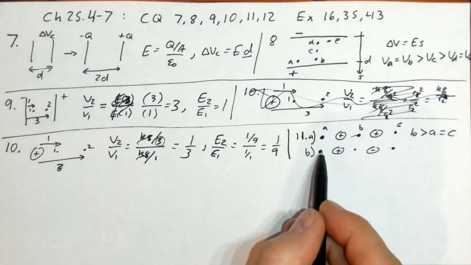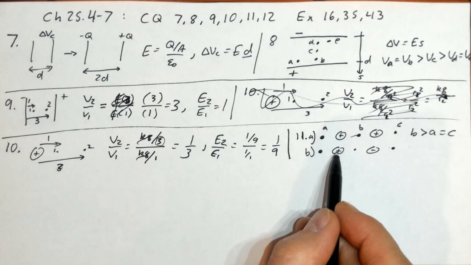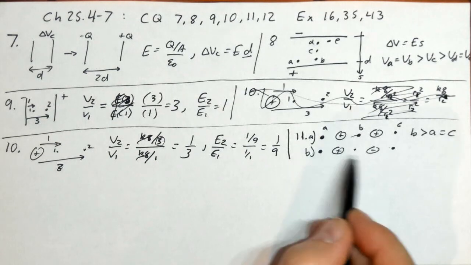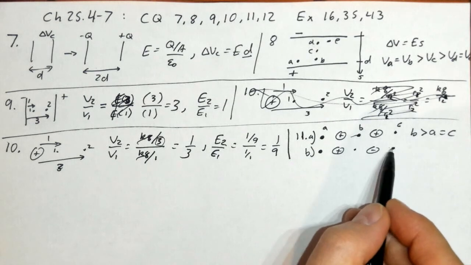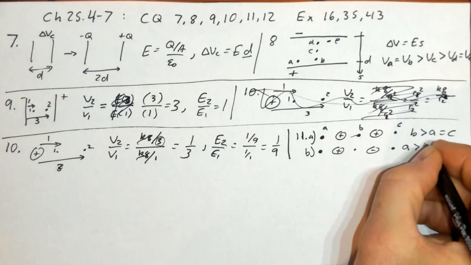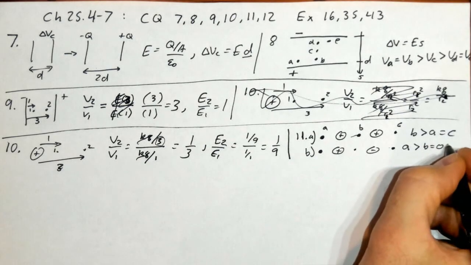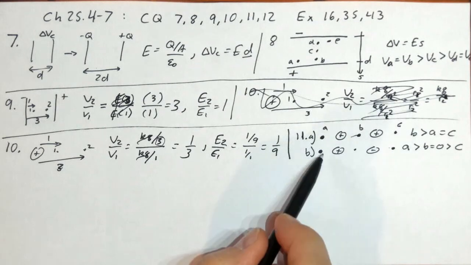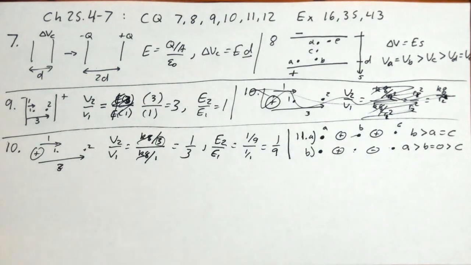Now this one is still closer to the positive and far from the negative, so this should be a positive value. And this one is closer to the negative, so this should be a negative value. So going from most positive, we have A is greater than B, which equals 0, and that's greater than C. C is negative, closer to the negative. A is positive, closer to positive, and B is in the middle, so it cancels out.